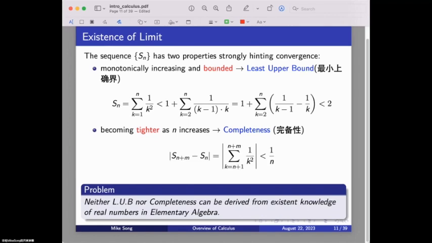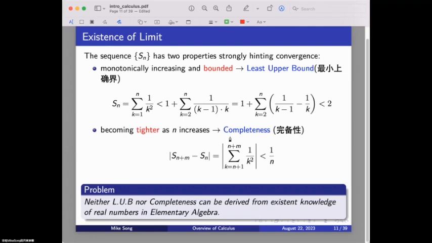First, it is monotonically increasing and bounded, which suggests that there must exist a least upper bound, 最小上界, as a limit. And second, we can observe that S n becomes tighter as n increases. Sequences like this are called Cauchy sequences, probably suggesting a concentration point as the limit.